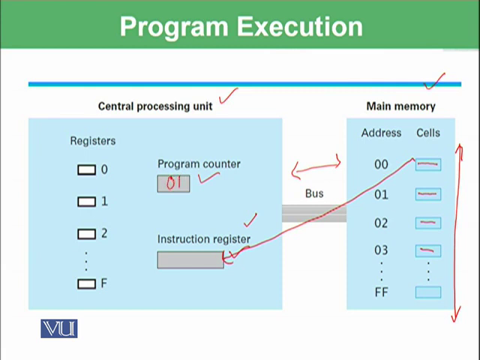It will be incremented by 1 when the next instruction is available in the next location. However, if our instruction comprises 2 bytes, then this addition would be of 2. Similarly, the program keeps executing, fetching the instructions, and the program counter points to the next instruction to be executed within the central processing unit.